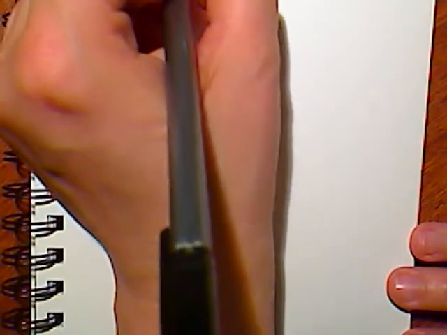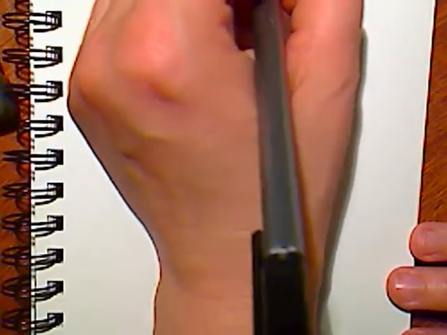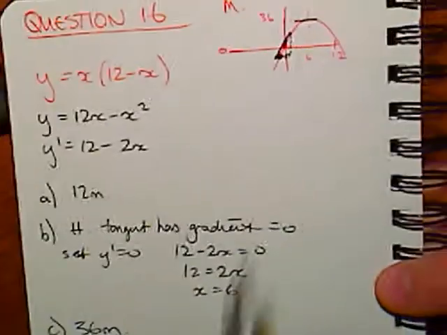Show that on ground level it lands at the same acute angle to the ground. So now we need to find the gradient at x equals 12. Our gradient function is 12 minus 2x.